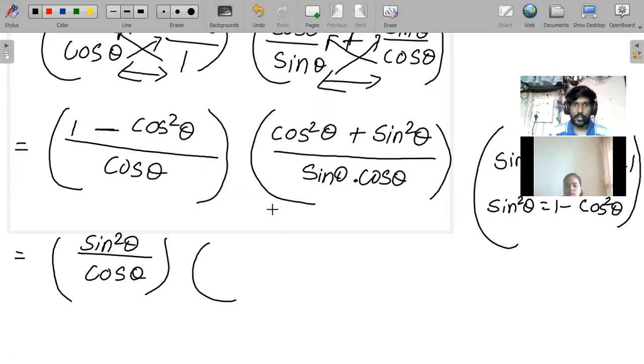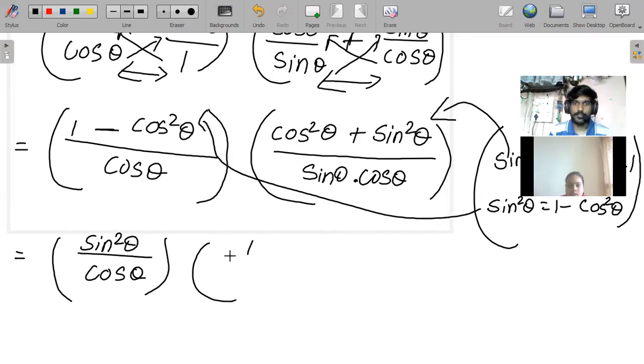In the second bracket, what will the numerator become? 1. By this formula we have used here, and this one we have used here.